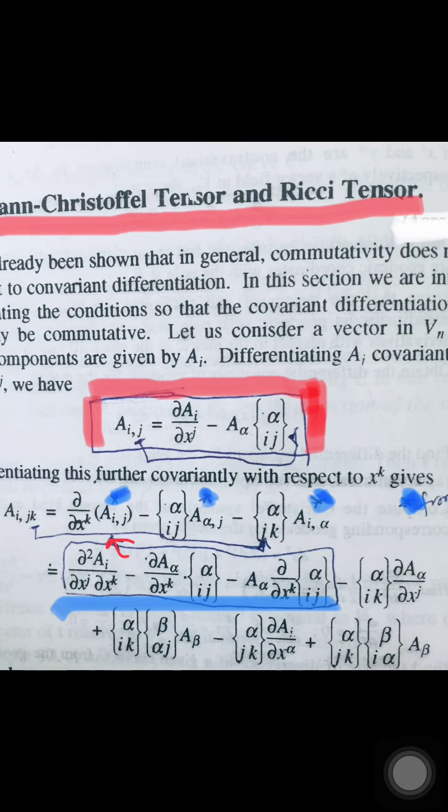This is explained here. It's a very interesting phenomenon that a Christoffel symbol, which is not a tensor, can be converted so that it becomes a tensor quantity.